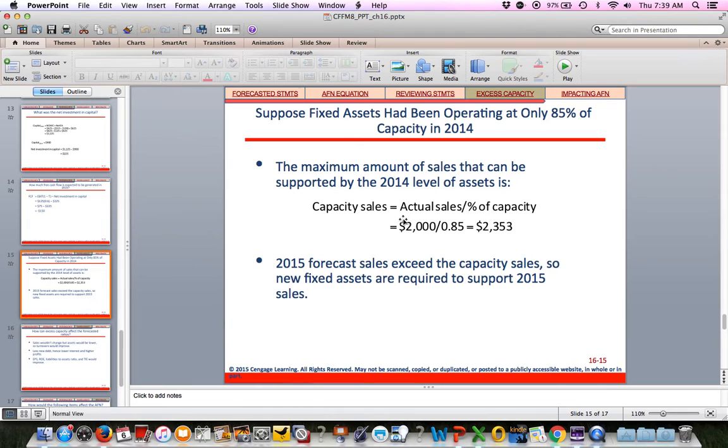Actual sales divided by the percent capacity says we could go to 2,353 of sales and be okay and not have to invest in expansion or growth. The forecast for 15 exceeds that, because remember that was 2,500. So we still need to invest in plant and equipment in this scenario. We're still short. We still need to get to 2,500.